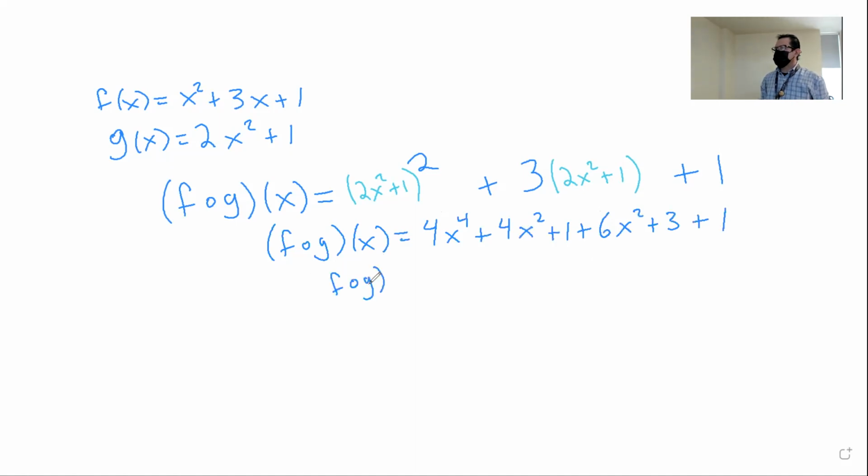And so the complete composition is going to be 4x to the 4 plus 4x squared plus 6x squared, which is 10x squared.